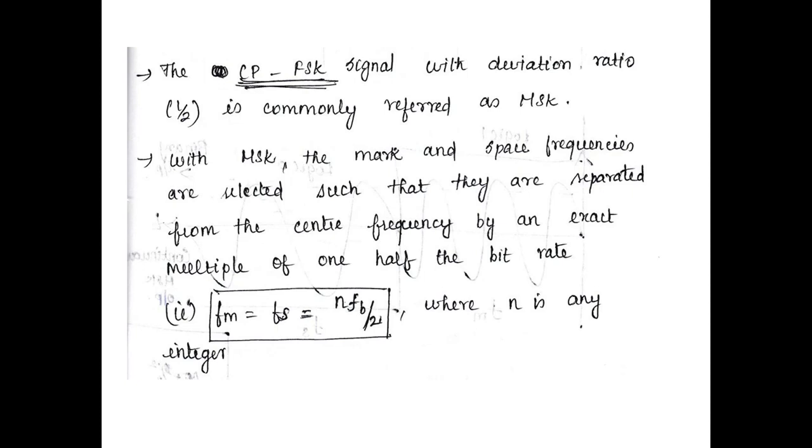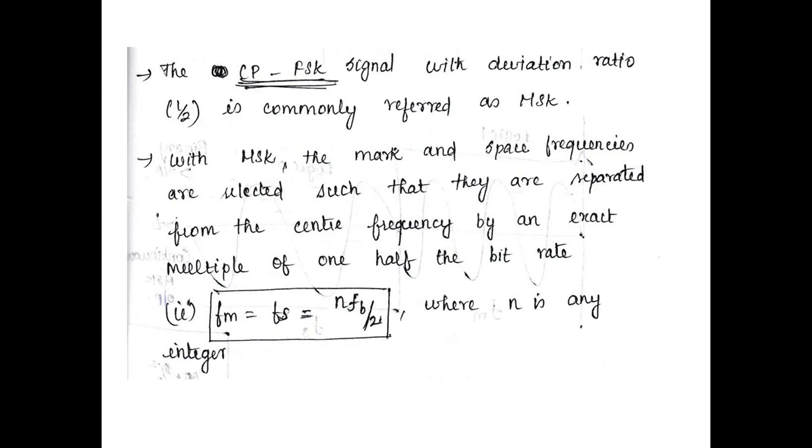So Fm = Fs = n Fb/2, where n is any integer. In our binary case, if n is 1, then the mark and space frequencies are equal to Fb/2, half of the bit rate.